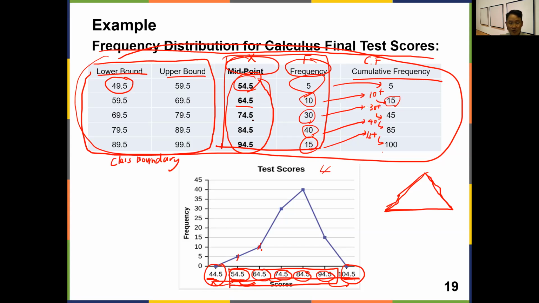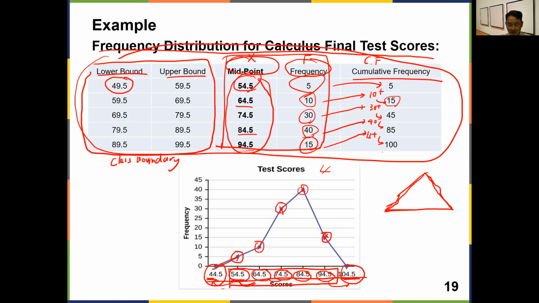Third one, 74.5 goes up to 30. Next one, 84.5 goes up to 40. And 94.5 goes up to 15. So far you have 1, 2, 3, 4, 5 different points matching the midpoint and the frequency. Then remember, you ground it. You got the same pattern for the very first point and very last point.